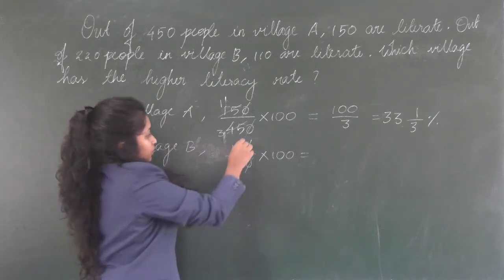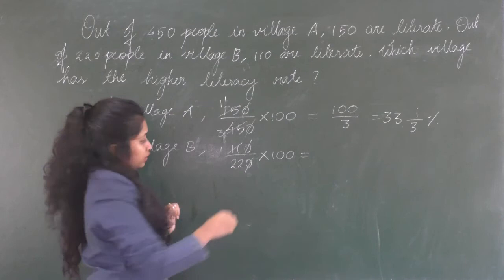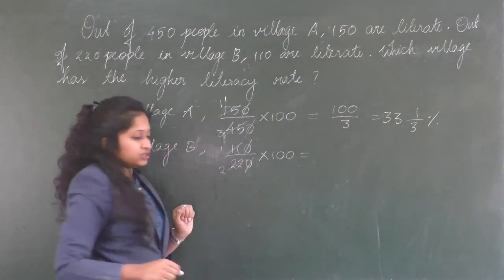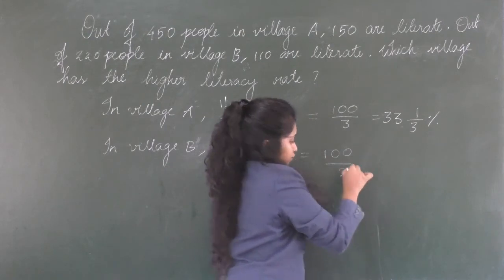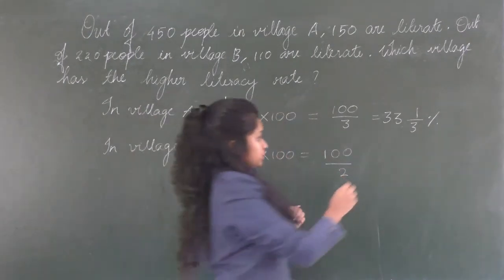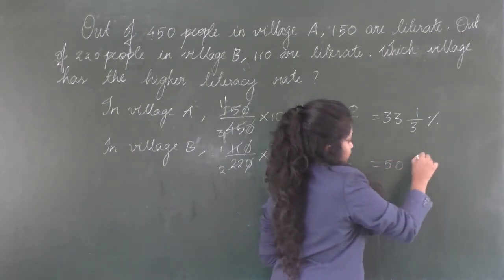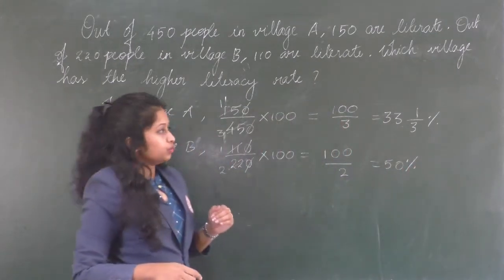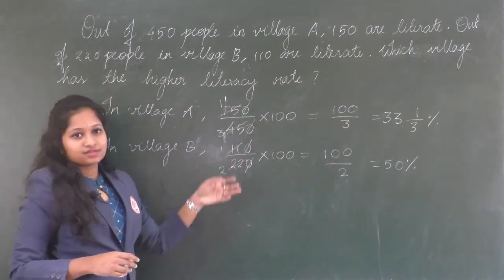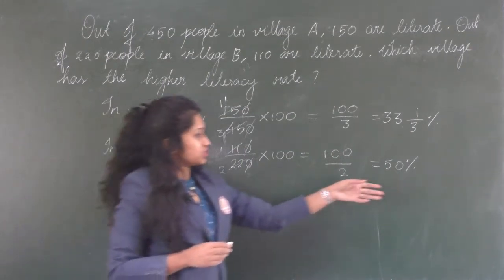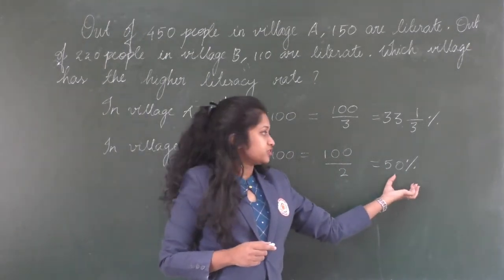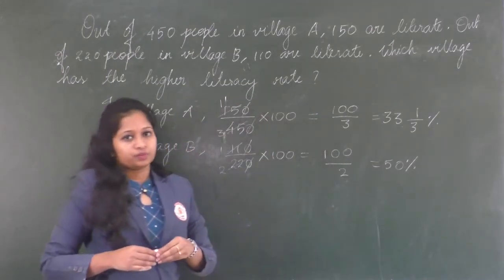Okay. 1 into 11 is 11 and 2 into 11 is 22. So we get 100 by 2. 100 by 2 is 50 percentage. So which village has the highest literacy rate? Yes, it's village B, which is having 50% of literate peoples.